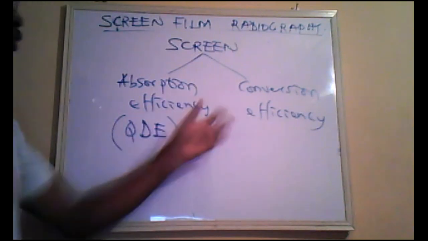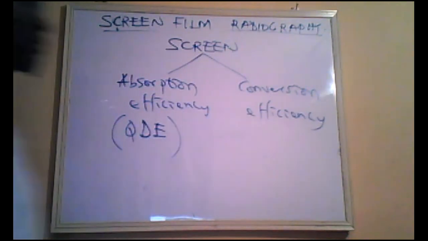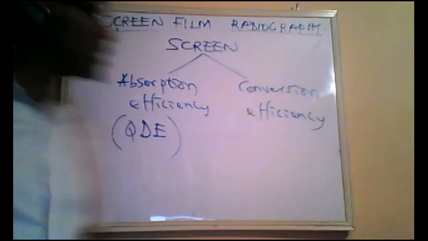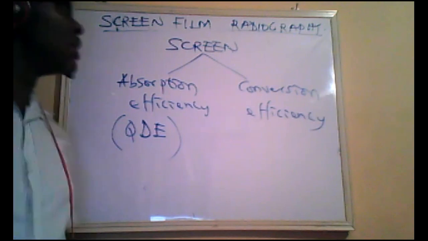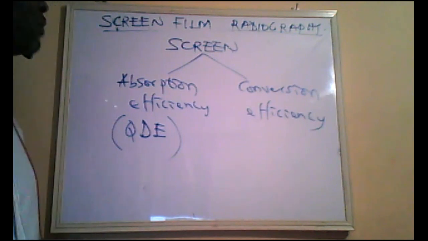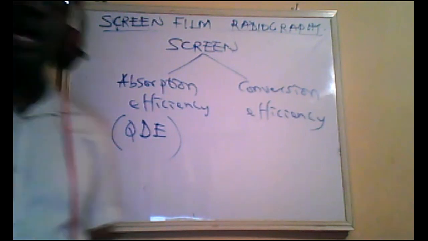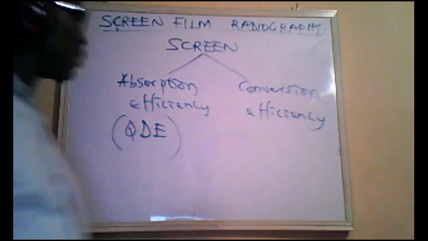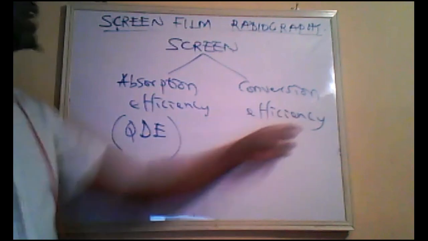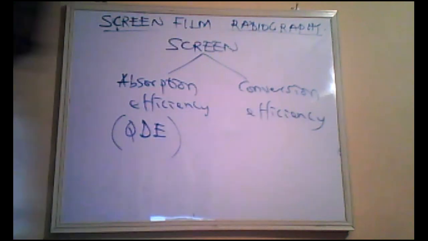These two have to be present in a particular screen for you to say such a screen is excellent for screen film radiography. And of course, gadolinium oxysulfide offers a very good absorption efficiency and a very good conversion efficiency.